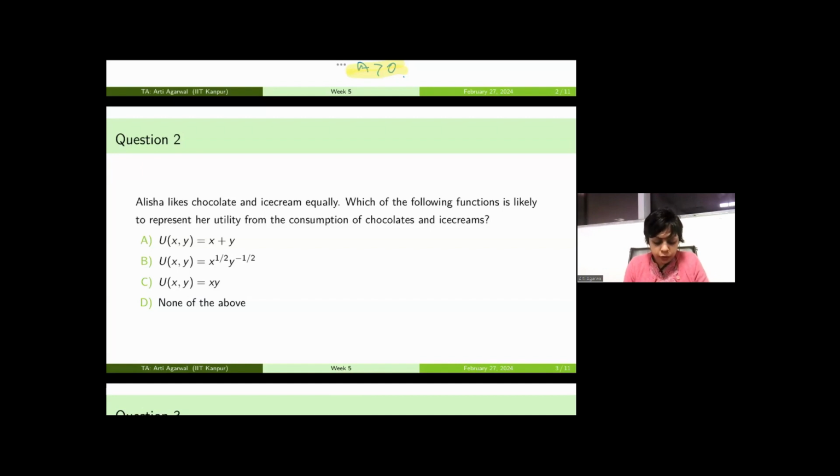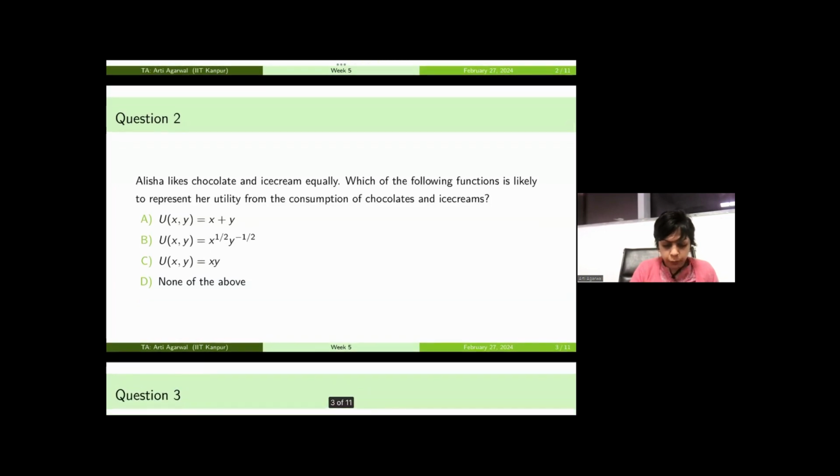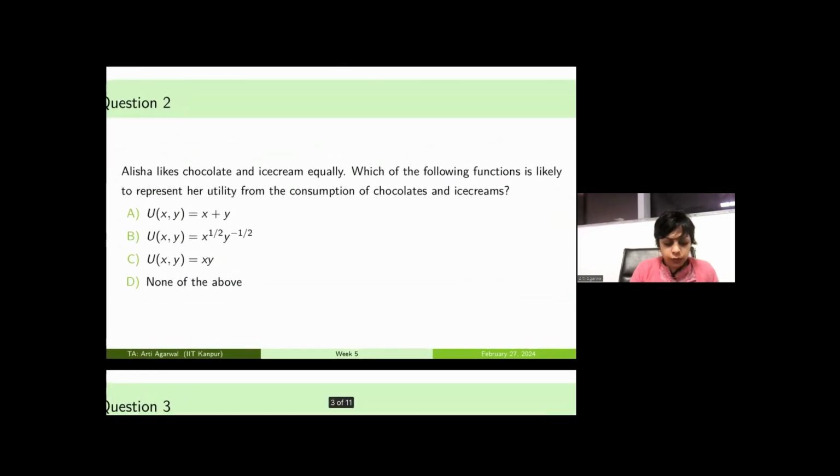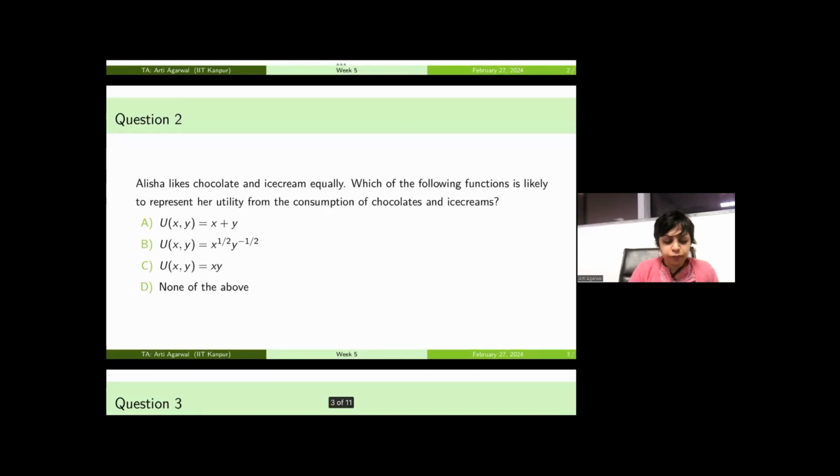We'll come back to preferences a little bit later, but now let's combine our knowledge of preferences and the utility function and indifference curves. This is the question I want to spend some time on. Alicia likes ice creams and chocolate equally.